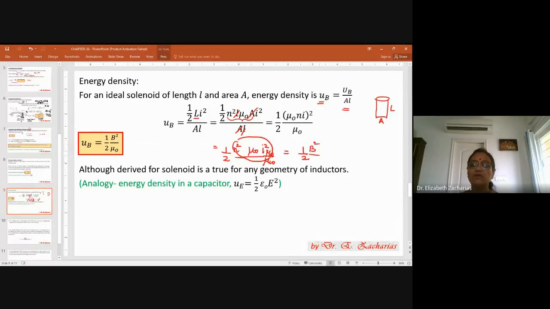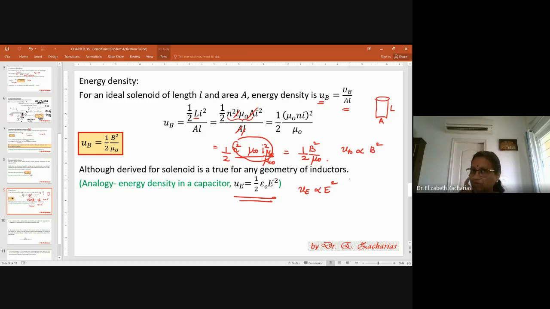So magnetic field square by mu naught. This is the expression for the energy density, and this is analogous to half epsilon naught E square. So the energy density in the solenoid is proportional to B square. Similarly, energy density in a capacitor is proportional to the square of the electric field.